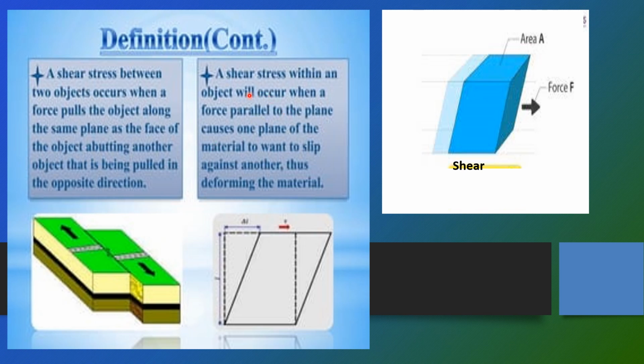Similarly, shear stress within an object will occur when a force parallel to the plane causes one plane of the material to want to slip against another, thus deforming the material, as shown in the second illustration or diagram.